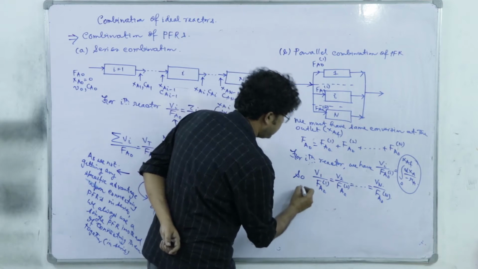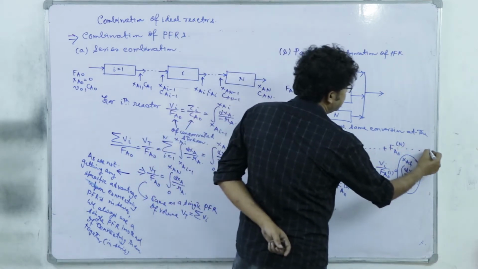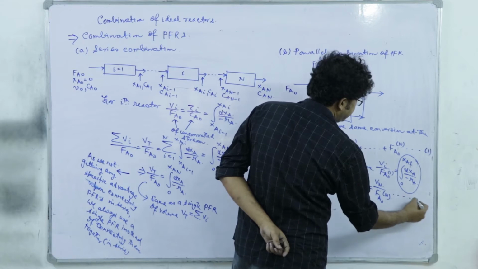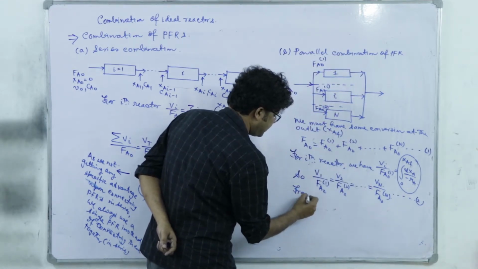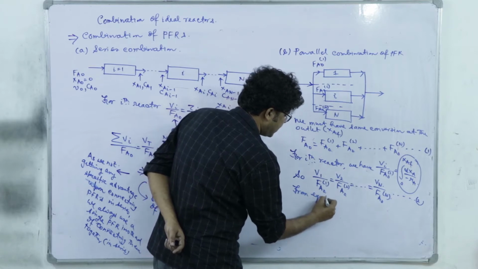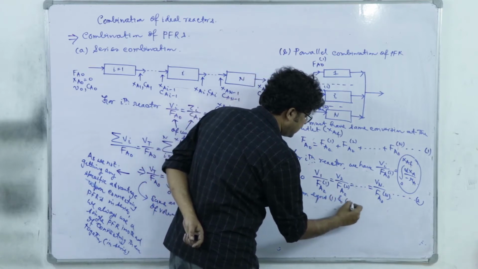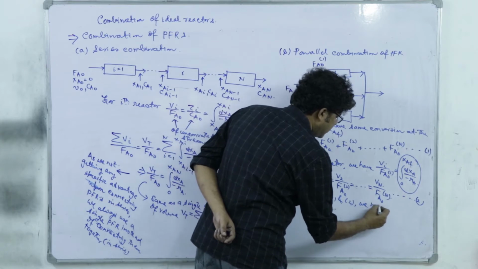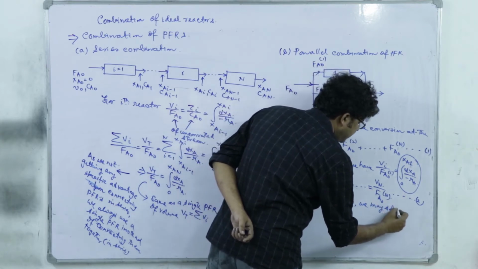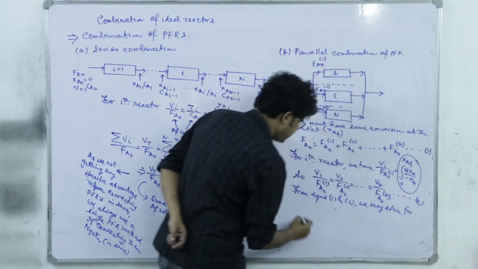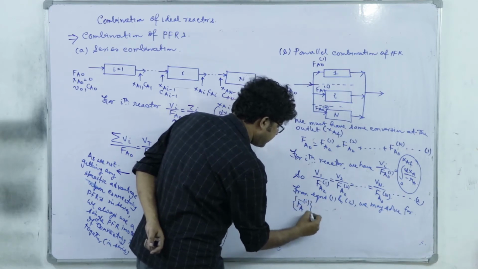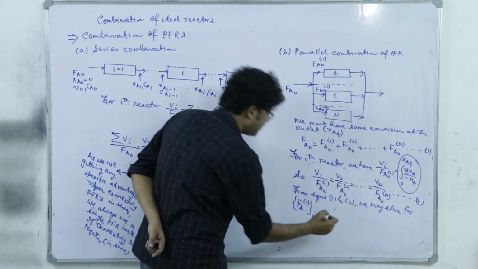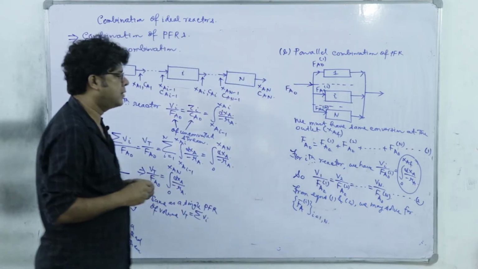So, this is 1, this is 2. So, from equations 1 and 2 we may solve for FAi. Okay.